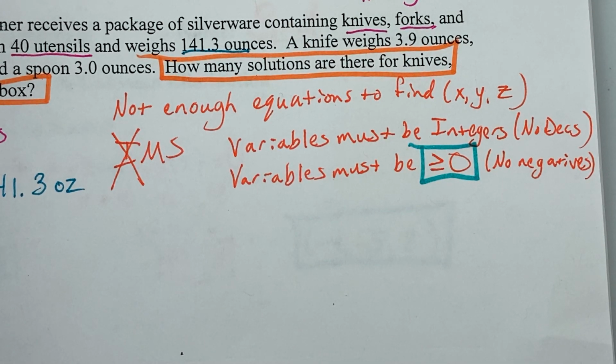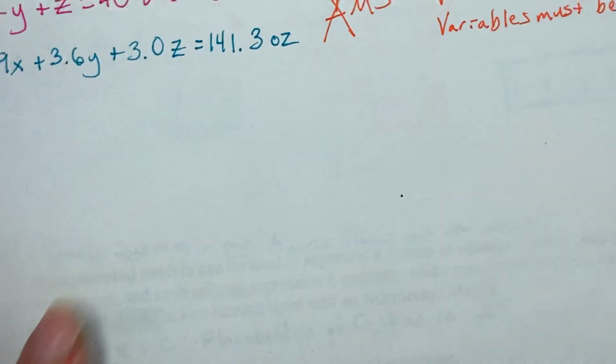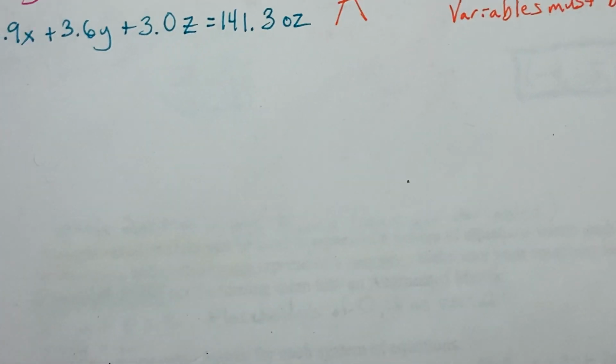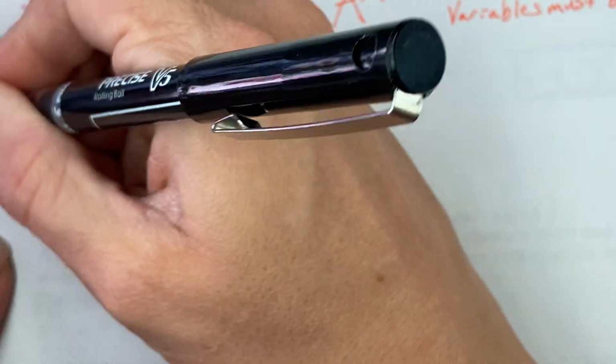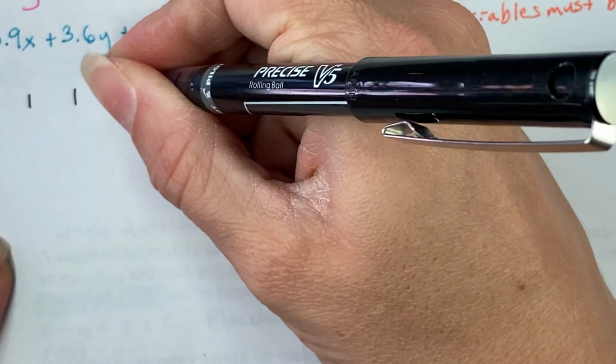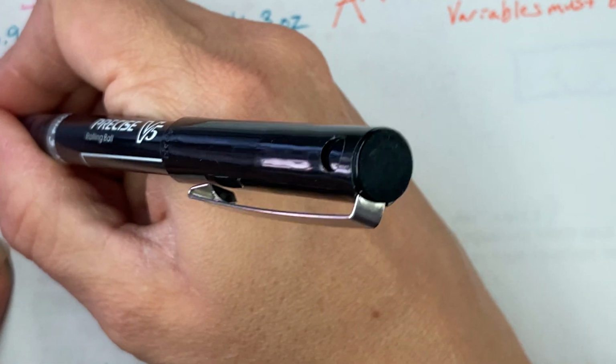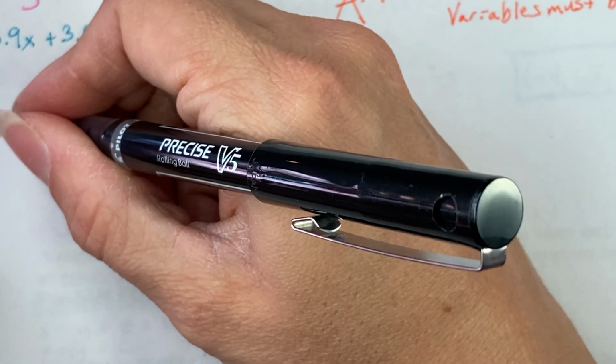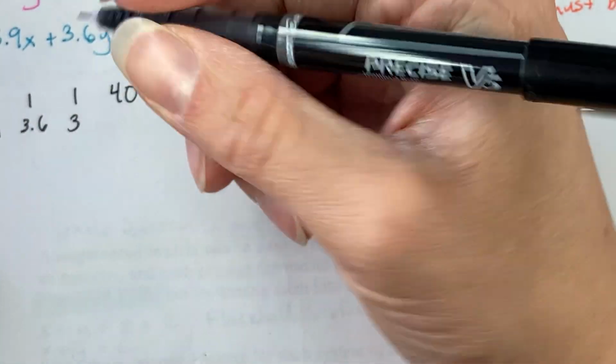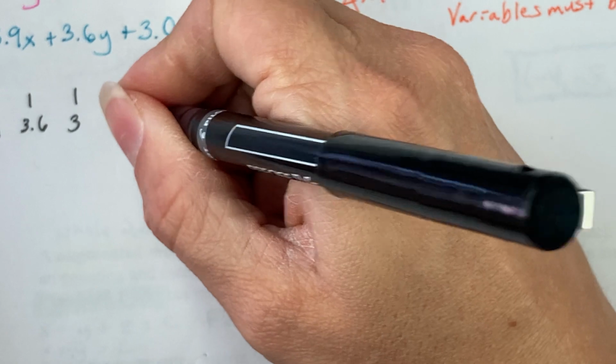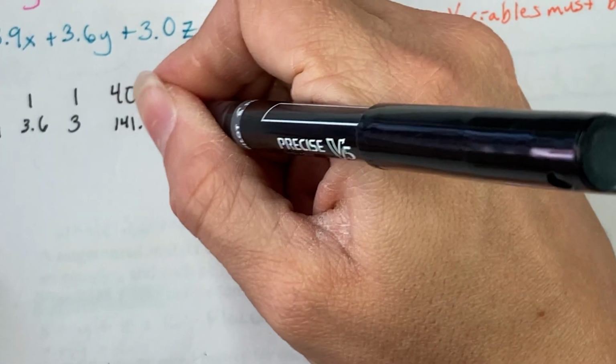So folks, let's go ahead and write our happy augmented matrix. So 1, 1, 1, 40, easy enough. 3.9, 3.6. You can write 3.0 or just 3, and 141.3.